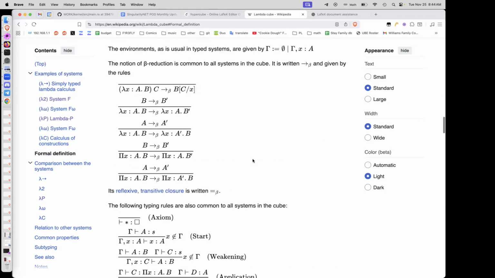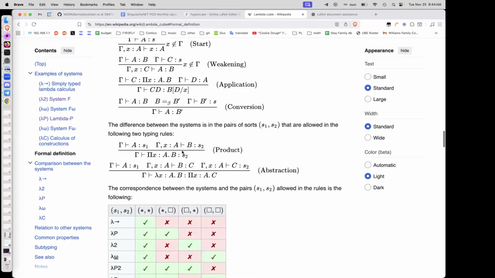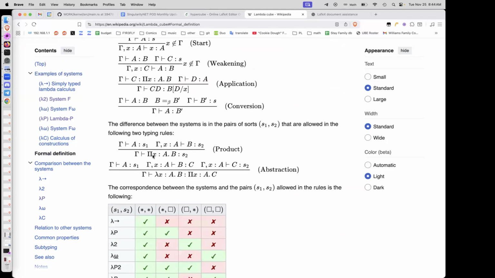So the pi operator here is playing a double role. When S1 is star and S2 is star, then this says this is a type of a term that takes in a type A and returns a type B.